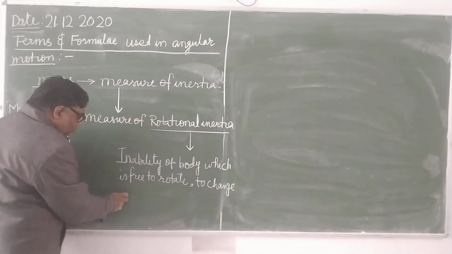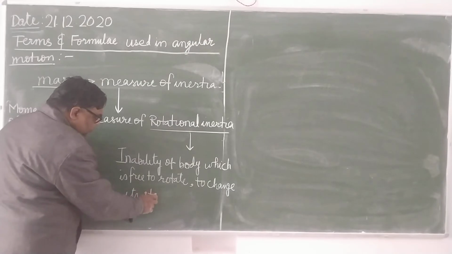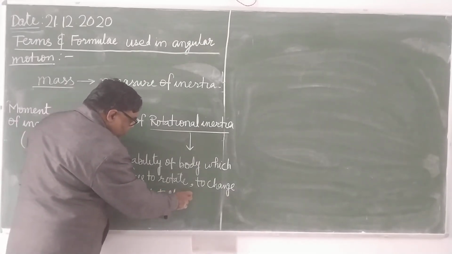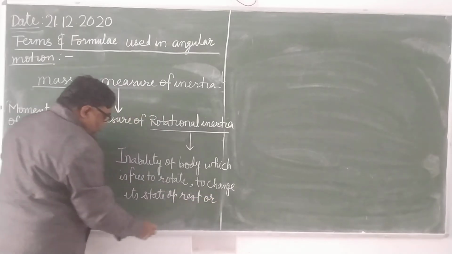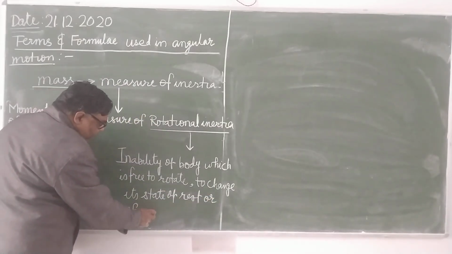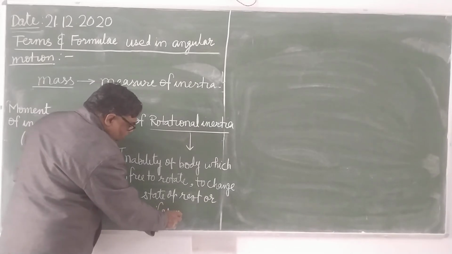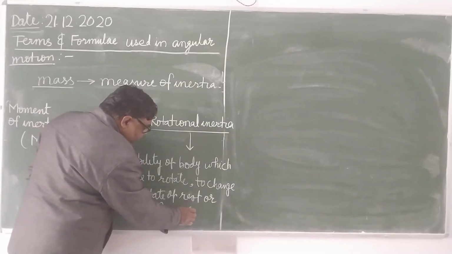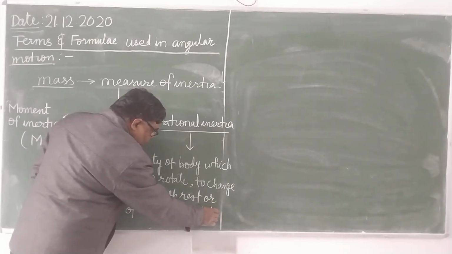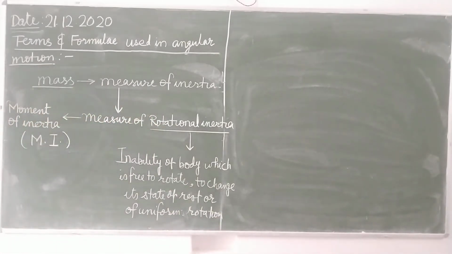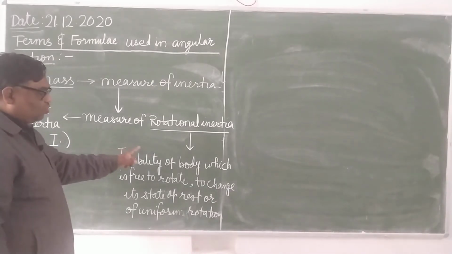Rotational inertia is the inability of a body which is free to rotate about some axis to change its state of rest or of uniform rotation. It means the more the rotational inertia, the more torque will be required to make the change.